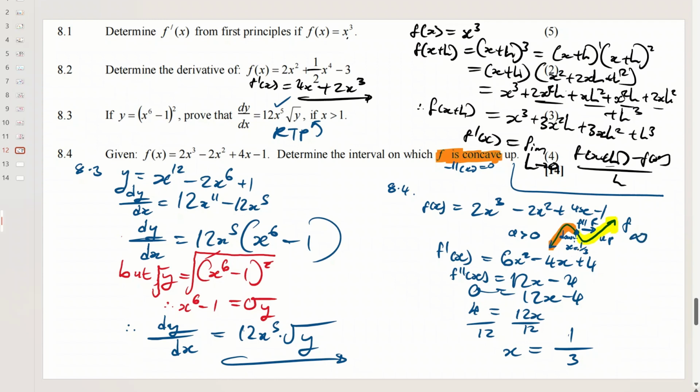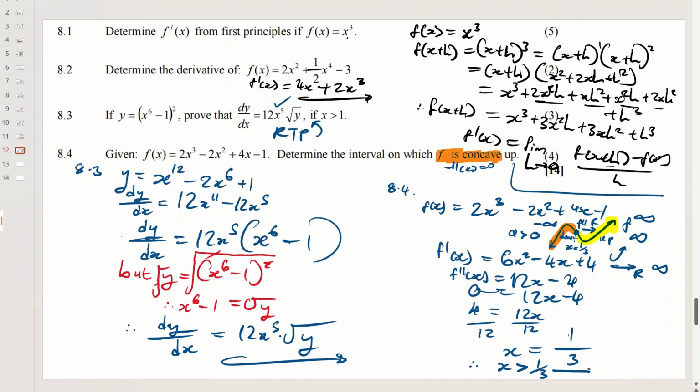So it means now our function starts to cave up when we are going to what? To the right. When we are heading to what? To infinity. When we are coming to what? To negative infinity, to what? To positive infinity there. So it means now we are going to say therefore x has to be greater than 1 over 3.